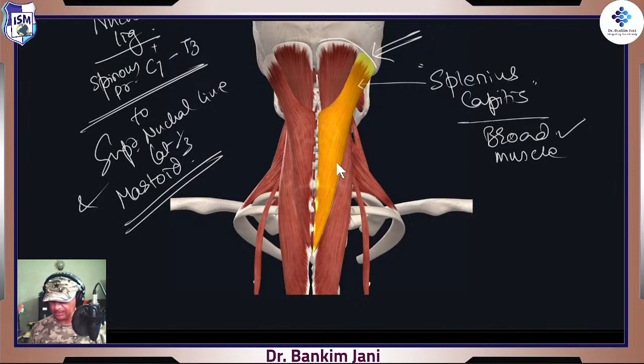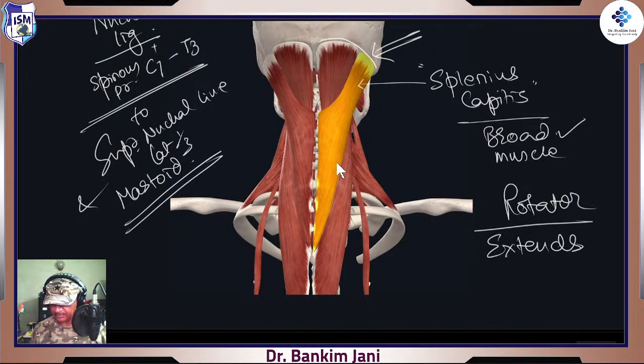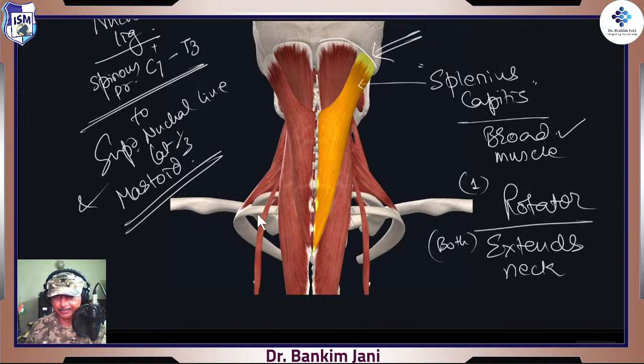Due to this, when only one side contracts, it is a rotator, and when both of them contract, it is the extender. So when only one works, it is a rotator. When both work, it extends the neck. So that is about splenius capitis.